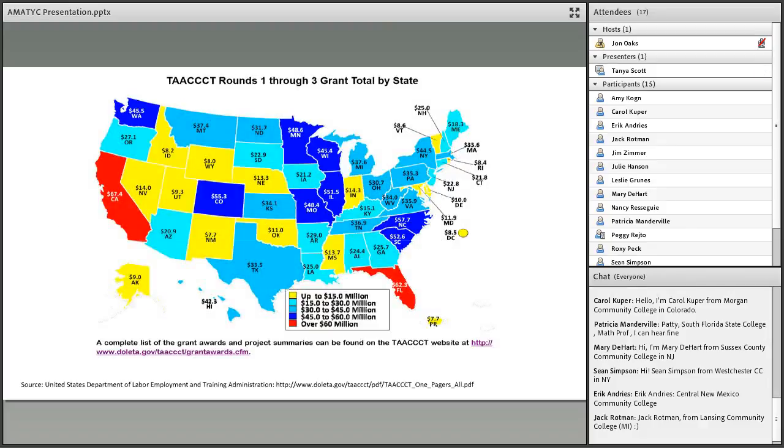So let me just show you the scope of the TAA grant. These are rounds 1 through 3. They went through round 4 and haven't really given out any grants beyond round 4, but you can see that they've basically made significant awards across the entire country.